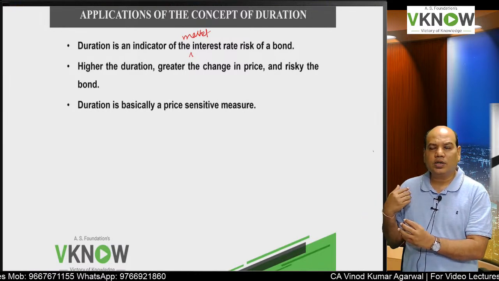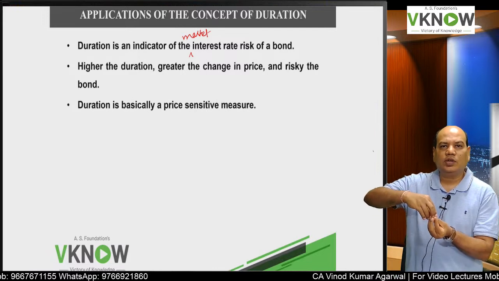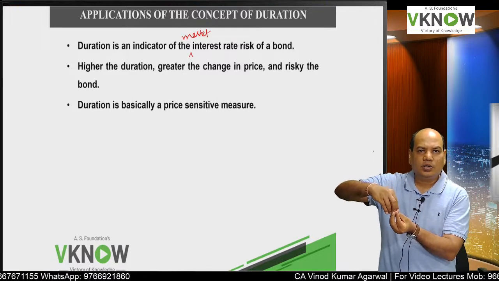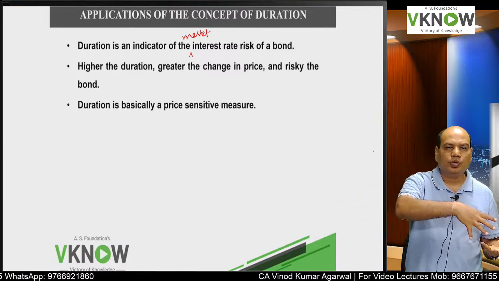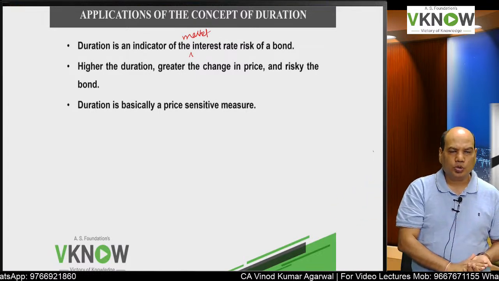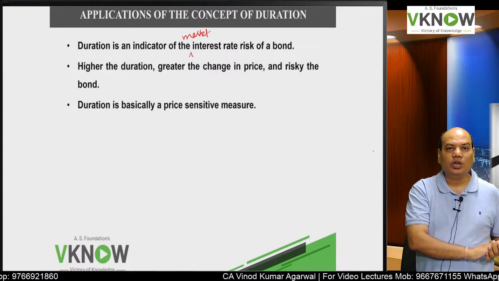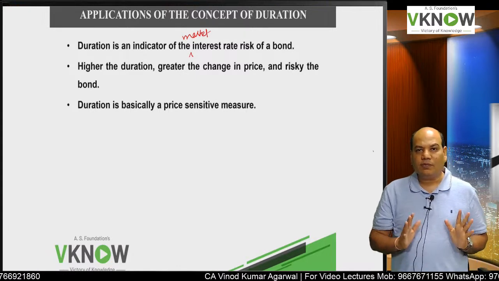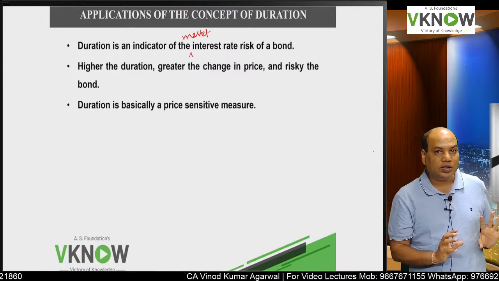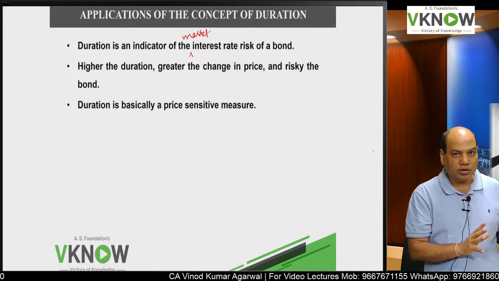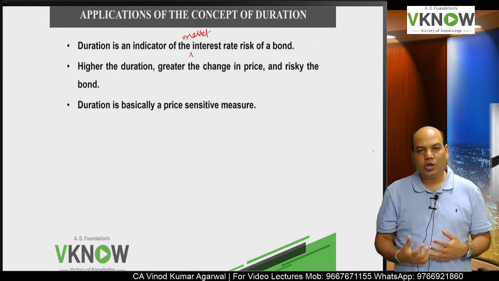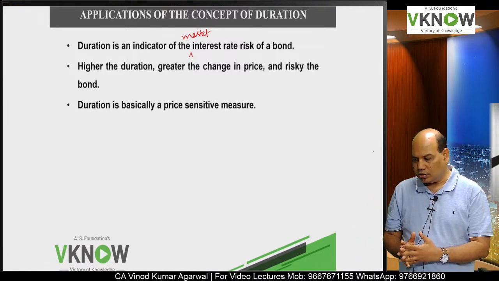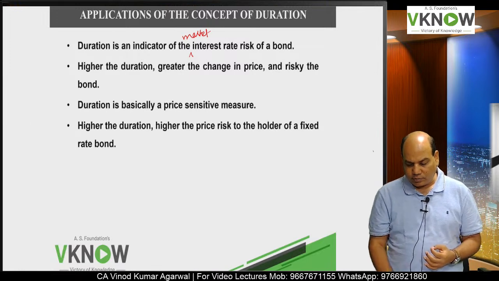So if I know that the RBI is going to increase the interest rate by 0.25%, I can immediately sense that my bond portfolio is going to change by so much percentage, and I will accordingly take my position. If I know that RBI is going to increase the interest rate by 0.5%, I will know by this percentage my bond portfolio will change and I will take my position accordingly. So it's a price sensitive measure.